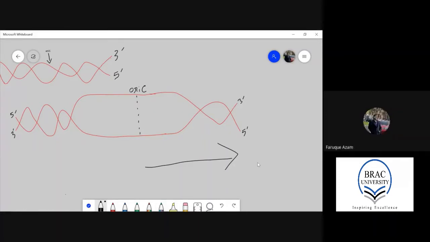Yes, that's correct. Because of the 5 to 3 prime movement, you can see this rightward movement is 5 to 3 prime end here. If you consider this right side, the helicase will be on one strand. So which strand? The strand whose direction is from 5 to 3 prime end.